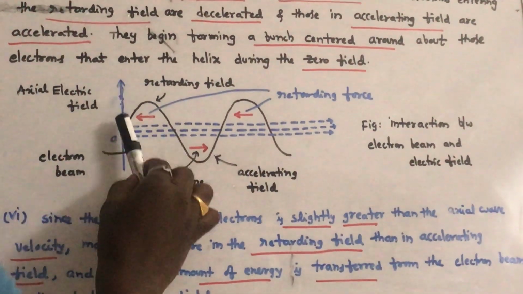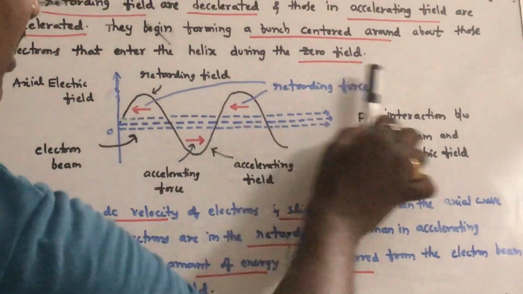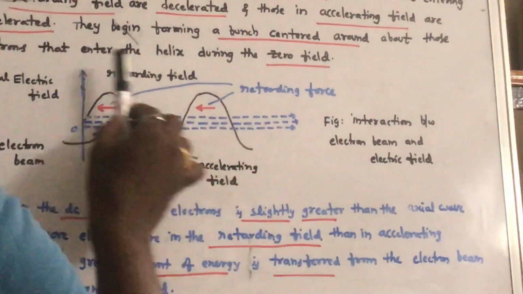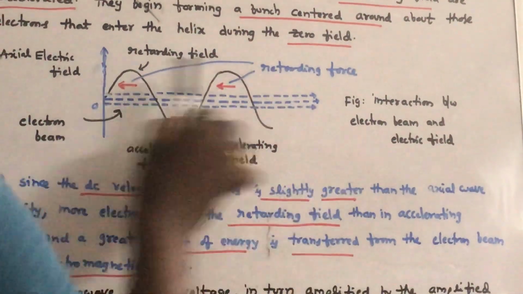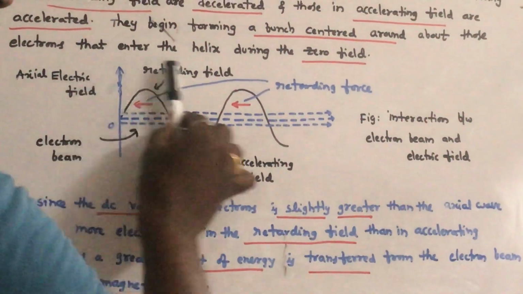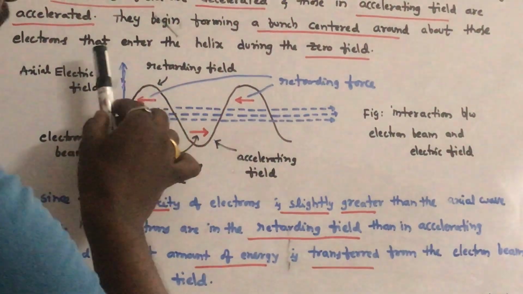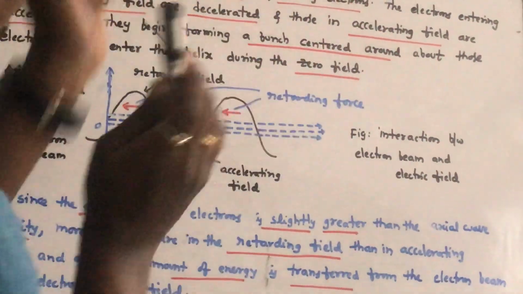Because of this process, the axial electric field becomes stronger and stronger as it travels along the helical tube, because the electron beam continuously transfers its energy to it. Due to this continuous transfer of the electrons' energy, the axial electric field strengthens while it travels along the length of the tube.